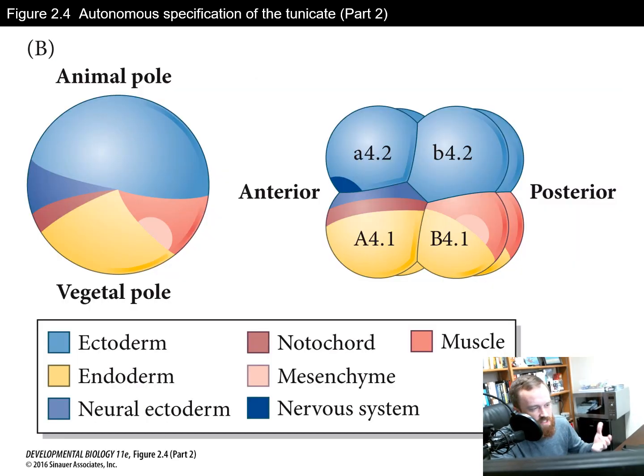To confirm this link between that yellow cytoplasm product and this autonomous specification, Conklin removed the cells from the B4-1 layer of the C-squirt tissue and looked to see how that affected the development of the C-squirt.